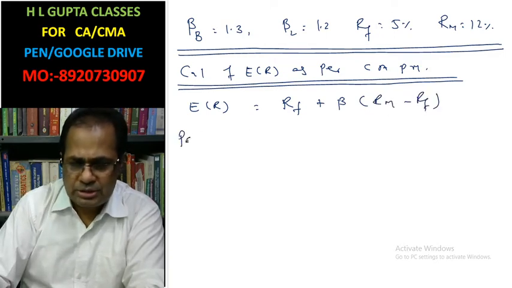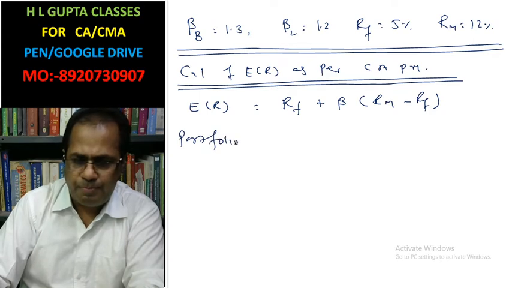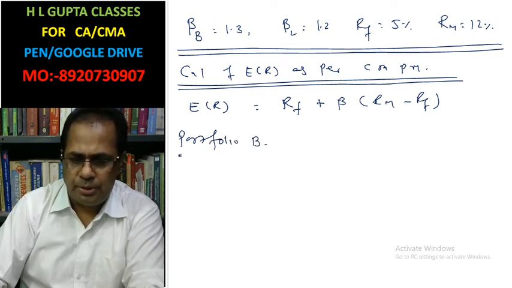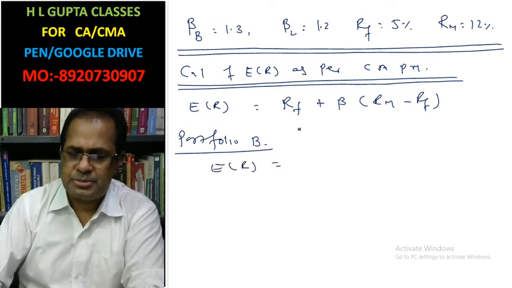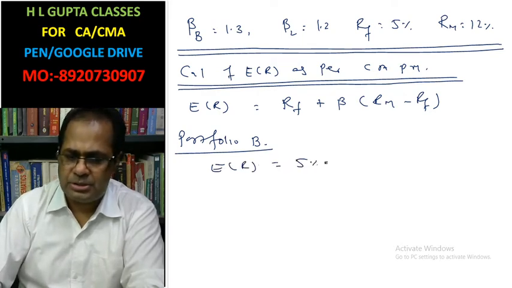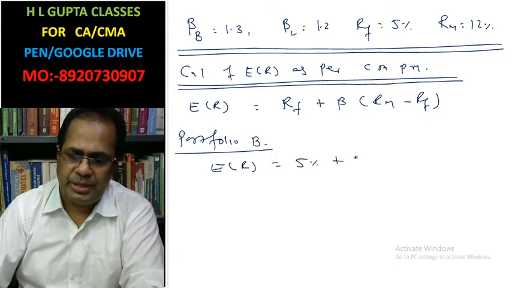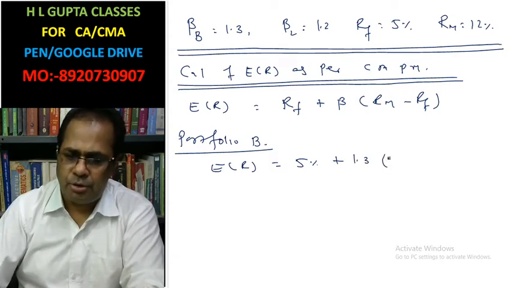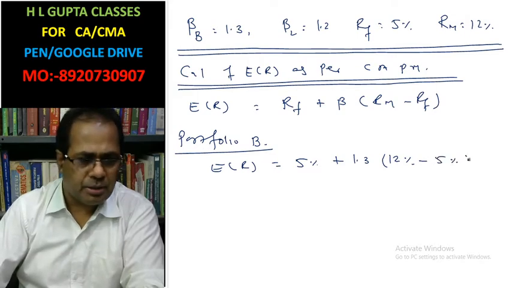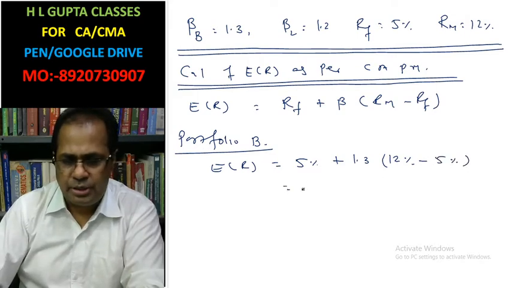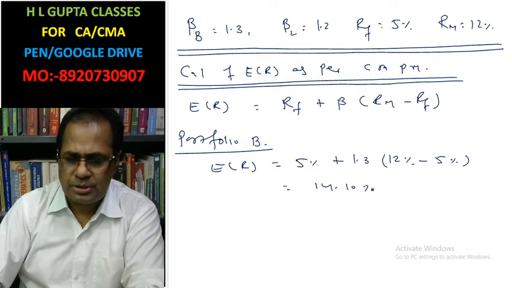Now I am going to discuss portfolio B. Expected return: risk free rate of return is 5%, beta of portfolio B is 1.3, return of market portfolio 12% minus 5%, this is 14.10%.